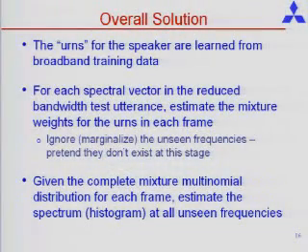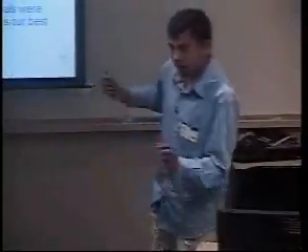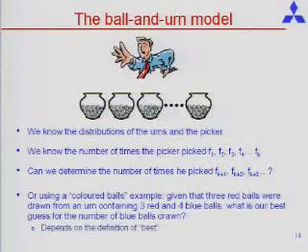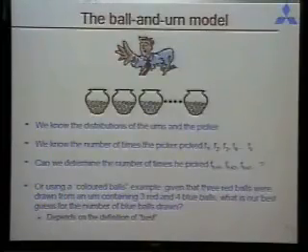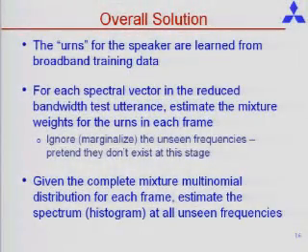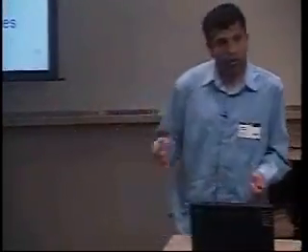Simply, given the entire mixture multinomial distribution for a spectrum, now you can use the exact same arithmetic to compute what the histogram value was at all other frequencies given just some of these frequencies. The problem is you won't have all of it. So the solution we will use to expand the bandwidth of a narrowband signal is this. From some training data for the speaker, we will actually learn the urns, the component multinomial distributions for the speaker.